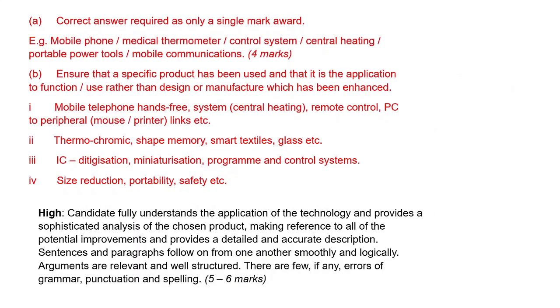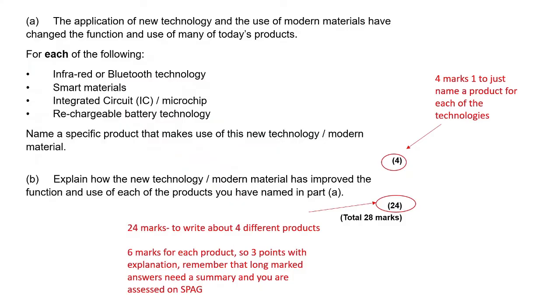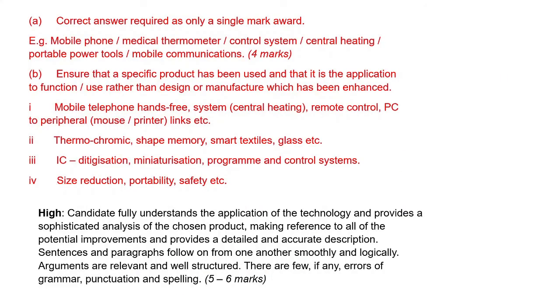So we'll just look at one example to show you what we'll go through. If we take Bluetooth technology, you could say something like a mobile phone, and then ask how that's changed it. It could be hands-free, so in the car you don't need to have people on their phone while they're driving, which is a big safety feature.